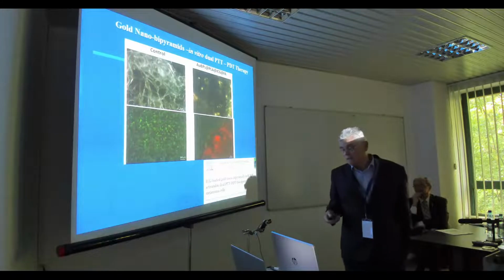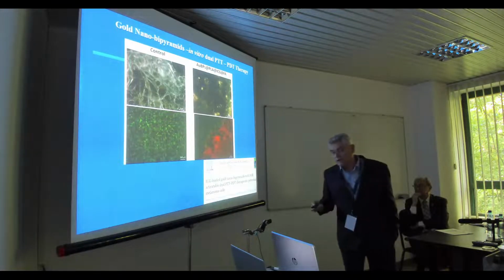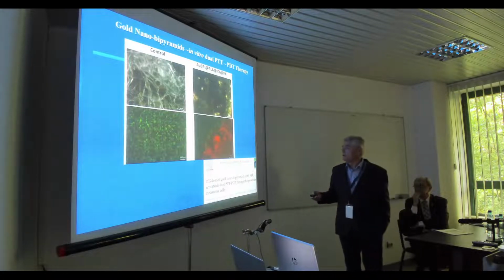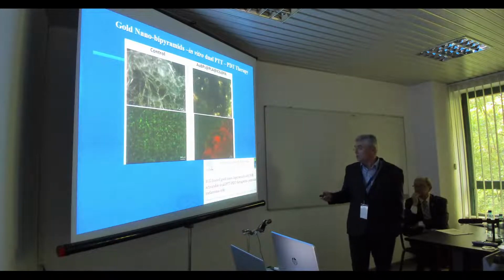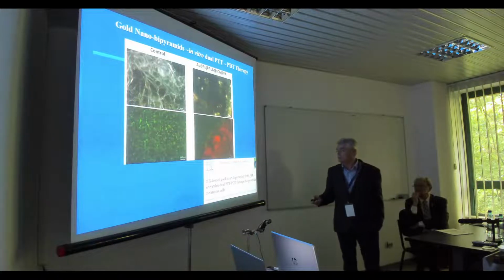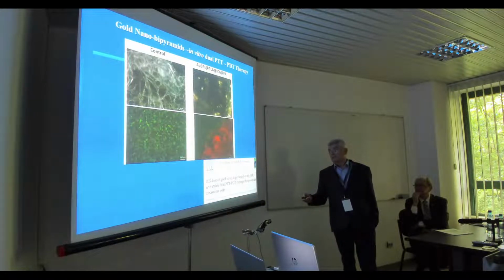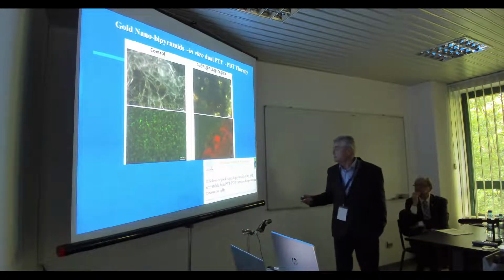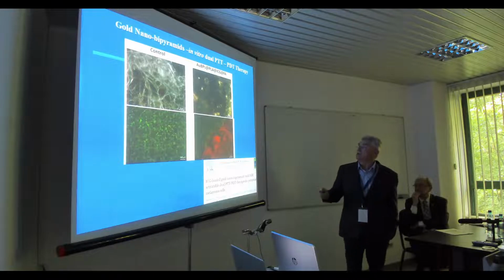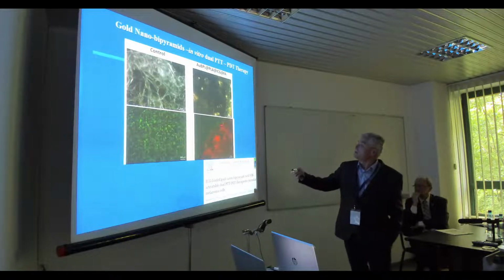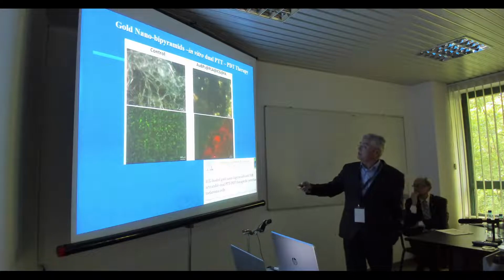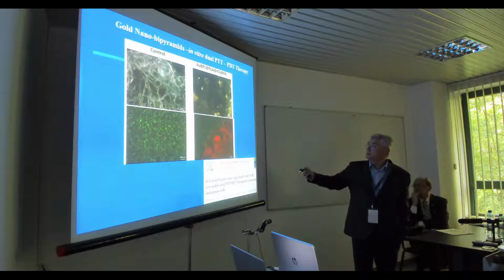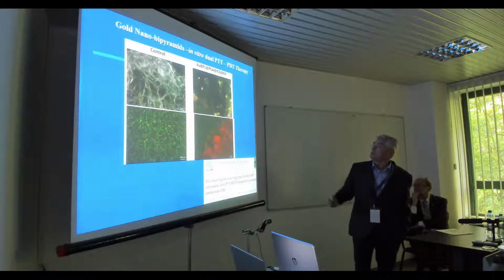In another kind of study, with another kind of nanoparticle, a nano-bipyramid, we do photothermal therapy and photodynamic therapy in melanoma cells. Again, here you can prove the area with dead cells and live cells, just separated here, where the border of the laser is on the substrate.